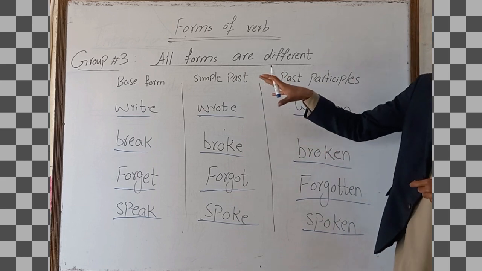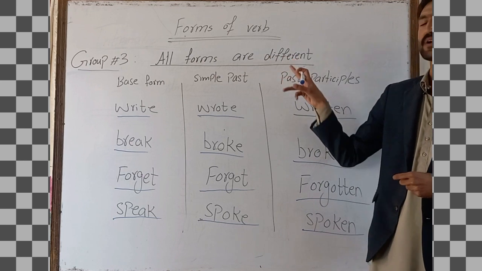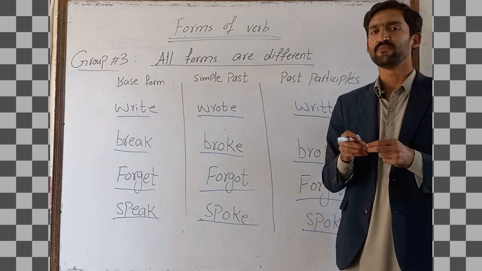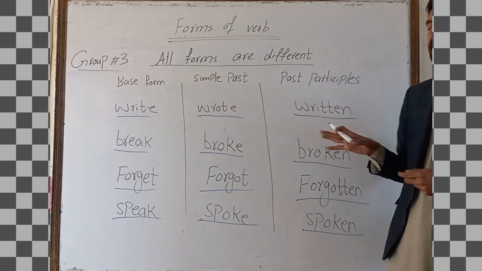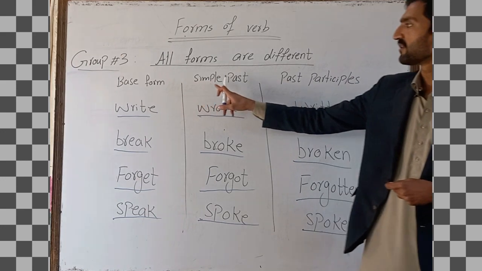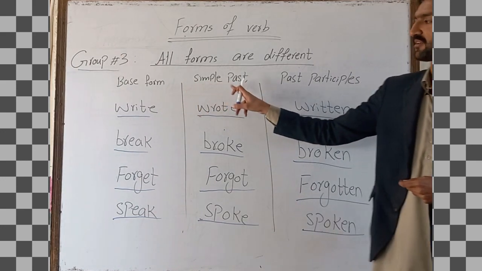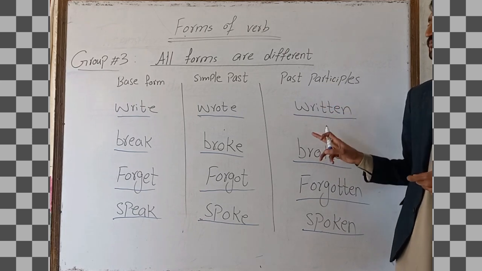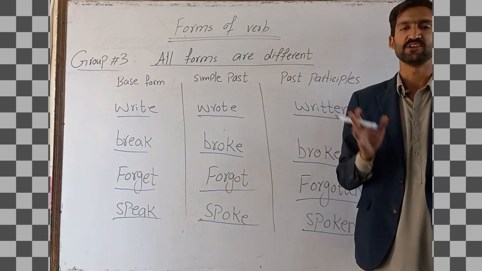So in this group of verb forms we see that all forms are different. They are not connected with each other. So they are different in writing and speaking as well. So we see that the base form doesn't match with the simple past, and these two do not match with the past participle. So this group of forms has different forms in usage.